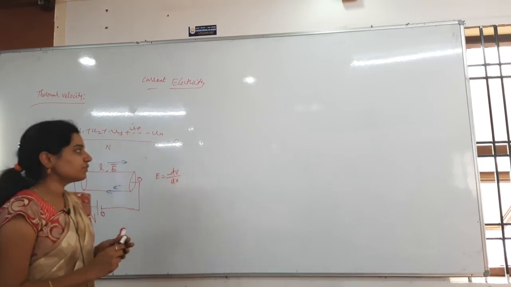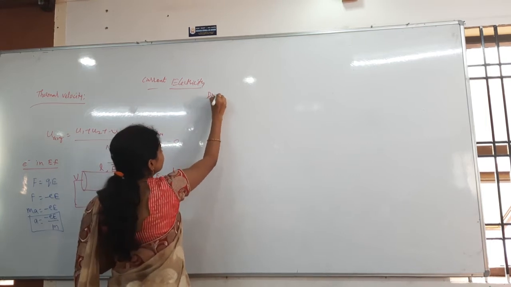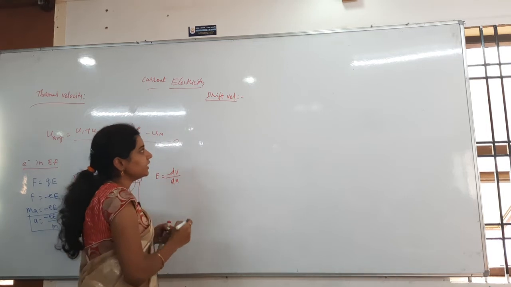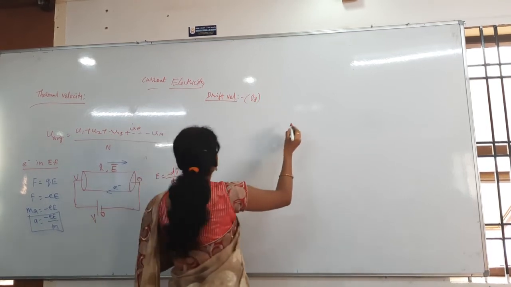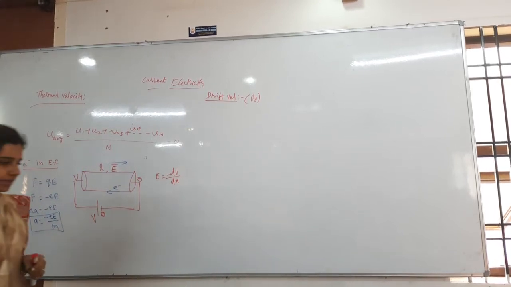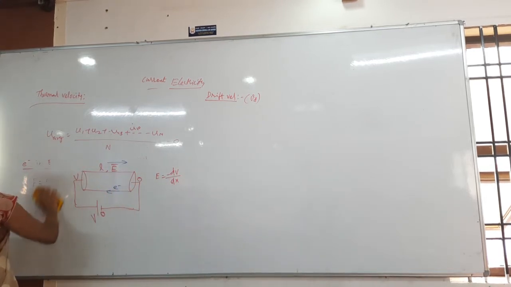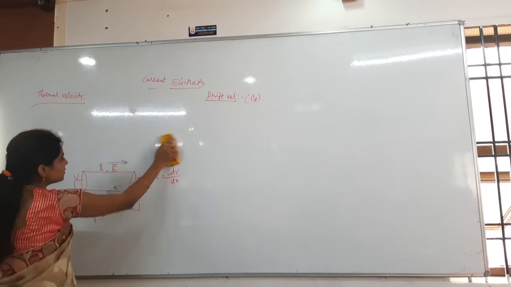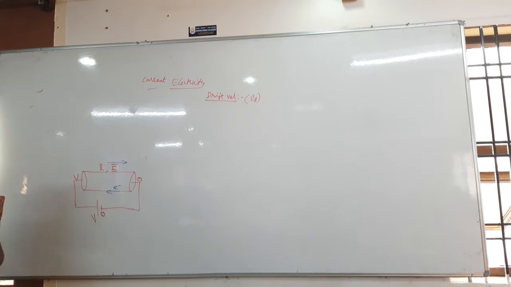Now next one is drift velocity, Vd. I said already, without an electric field, for example, when I have not connected any electric field, which velocity are all the electrons having? Thermal velocity.